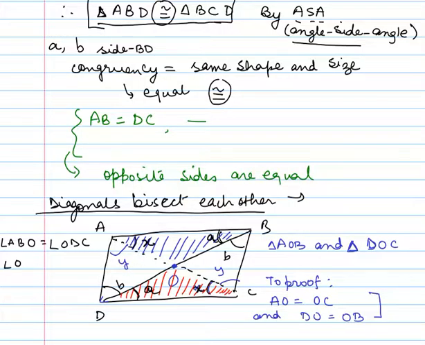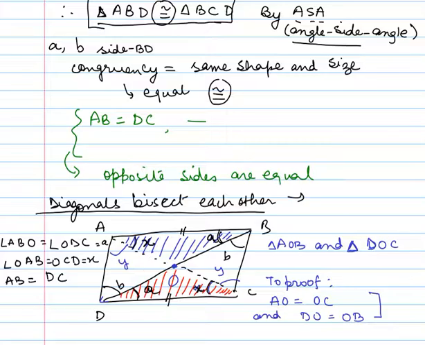Now we will talk about angle X, which is OAB, is equal to angle OCD. This is equal to angle X, whereas we have already proved in the above section that opposite sides of the parallelogram are equal. That means AB side of the triangle is equal to DC. Side AB is equal to side DC.